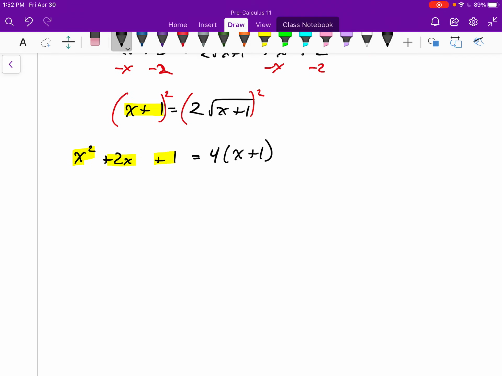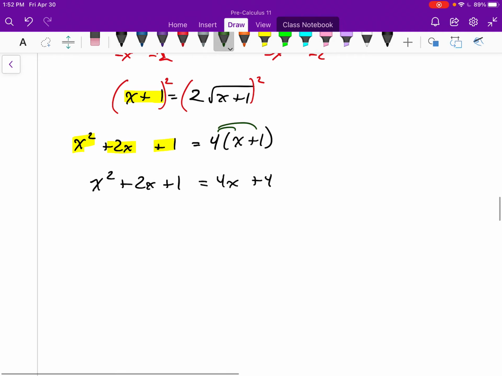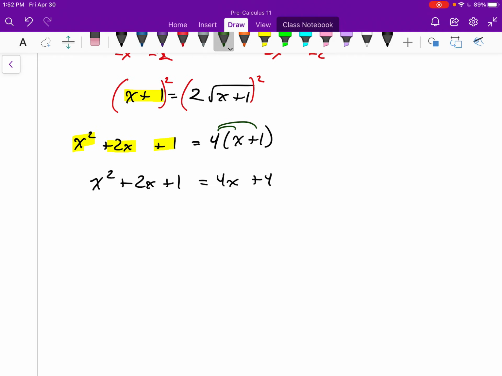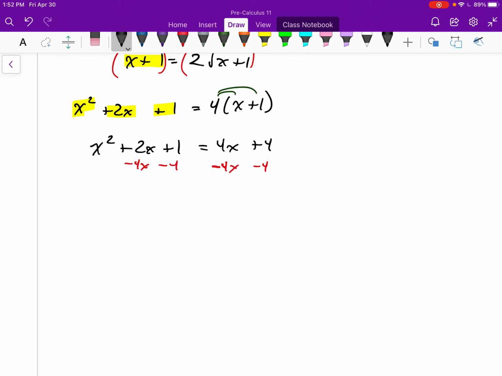And now all my radicals are gone, so I have x squared plus 2x plus 1 equals 4x plus 4 when I distribute that. Again, I have the makings of a quadratic equation. Again, I want to make everything equal to 0. So let's subtract 4x from both sides. Subtract 4 from both sides. I want to keep my x squared term positive. It'll make it easier to factor. So I have x squared minus 2x minus 3 equals 0.